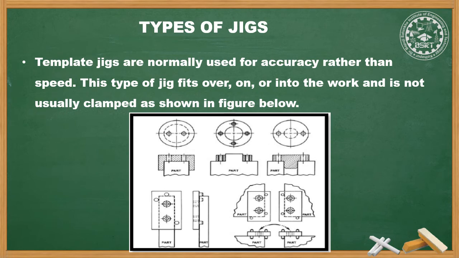As shown in the figure, we can see the jig is fitted over the part or below the part or above the part. Templates are the least expensive and simplest types of jigs that are used. They may or may not have bushings. When bushings are not used, the whole jig plate is normally hardened.